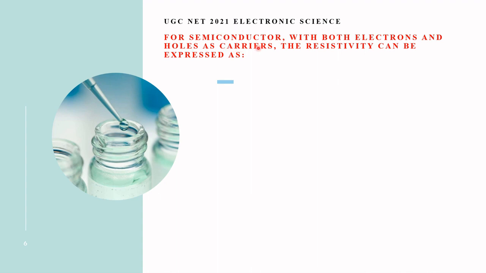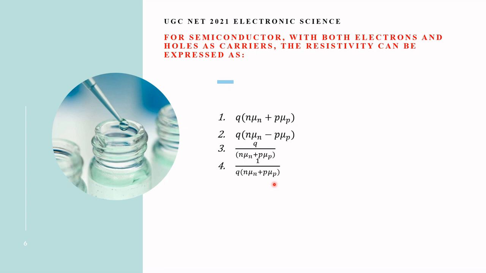For a semiconductor with both electrons and holes as carriers, the resistivity can be expressed as: the first option is Q into N mu N plus P mu P; the second is Q into N mu N minus P mu P; the third option is Q divided by N mu N plus P mu P; and the fourth option is 1 divided by Q into N mu N plus P mu P.